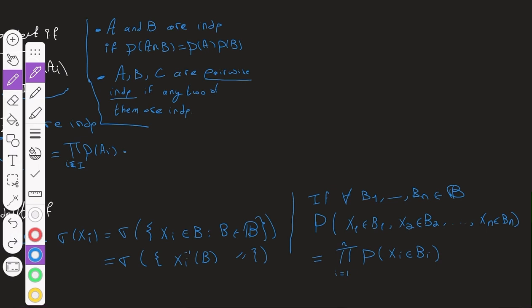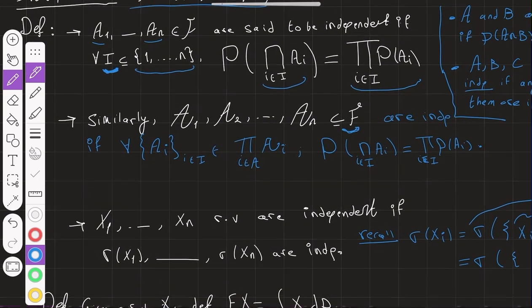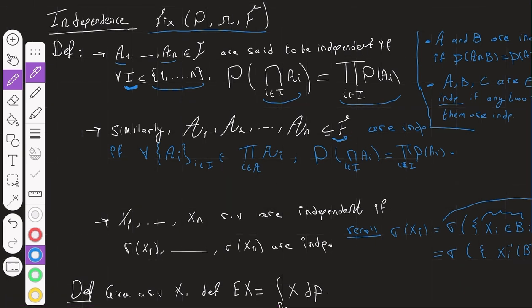We say that the random variables x1 through xn are independent if the sigma algebras generated by these pre-images are all independent, and this precisely translates to this if you recall how we defined a collection of sets to be independent. All right, so this is what it means for random variables to be independent.